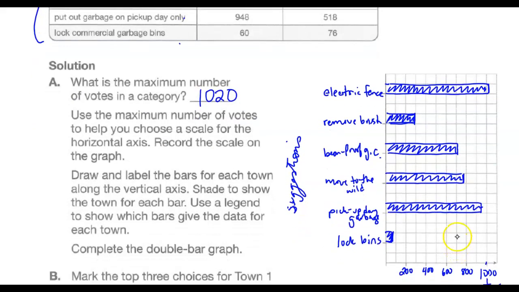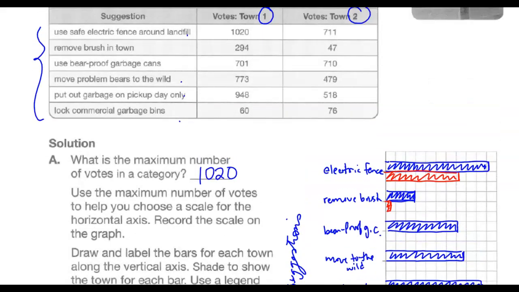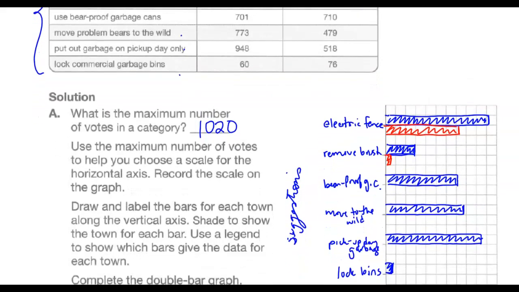So a little bit more than 700, so maybe about there. 847, kind of about half. 710, so just a little bit more than town 1 on that one.